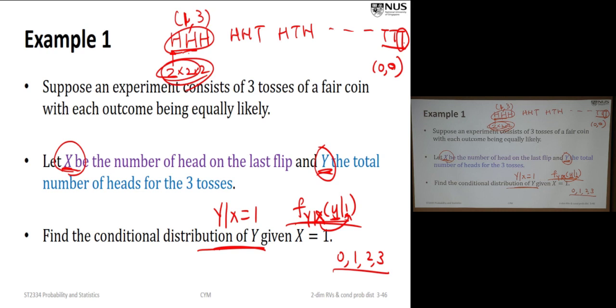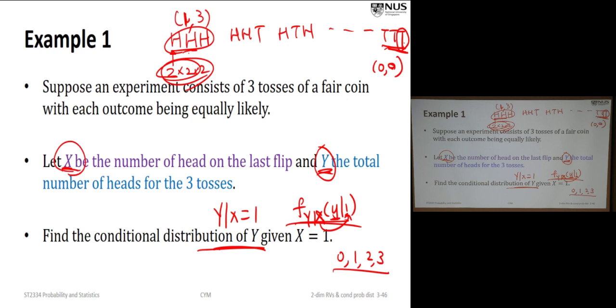With 3 tosses, the total number of heads is either 0, no head, like this case, or maybe 1 head, maybe 2 heads, maybe 3 heads. So that is from the joint distribution. But I don't know until I work it out whether any one of these 4 values might have probability equal to 0. Then I can drop it.